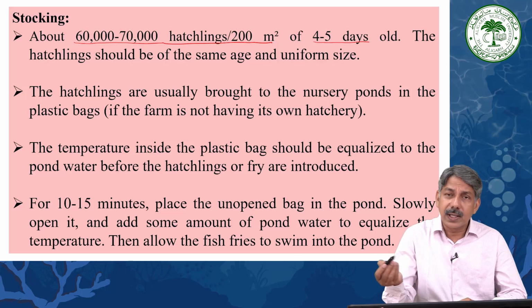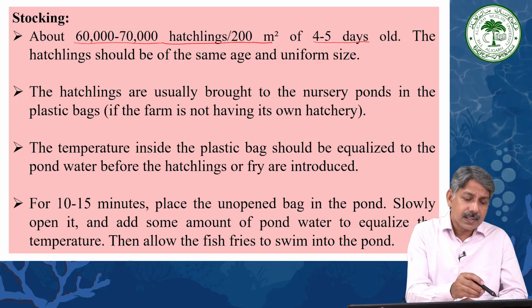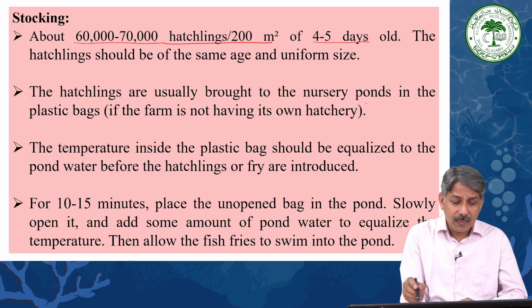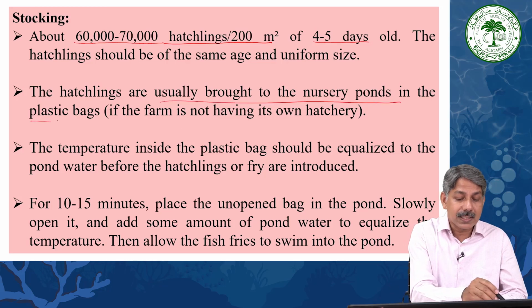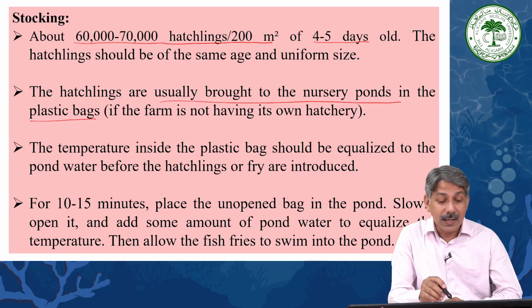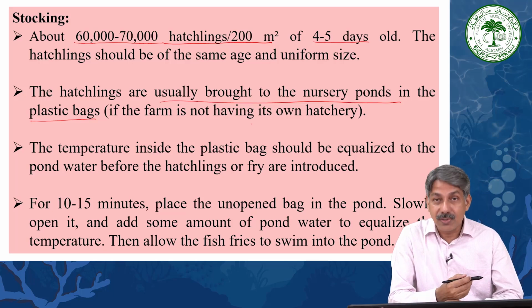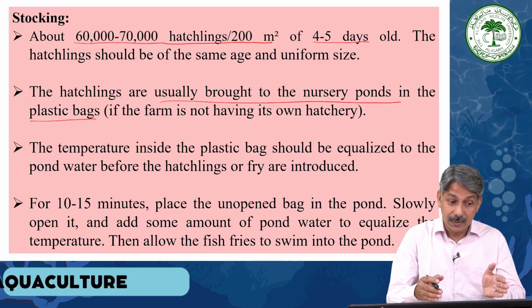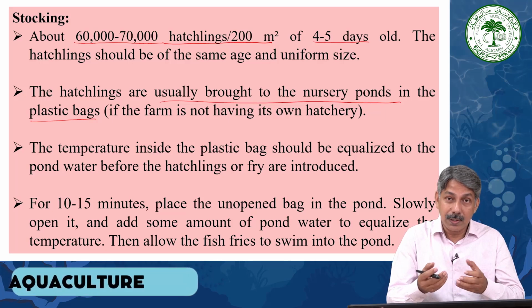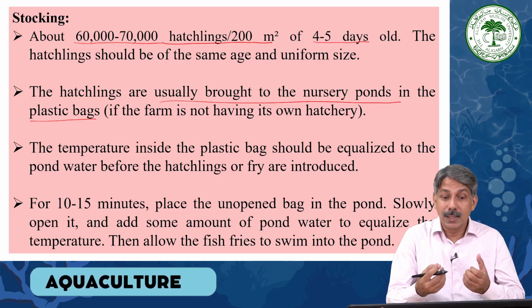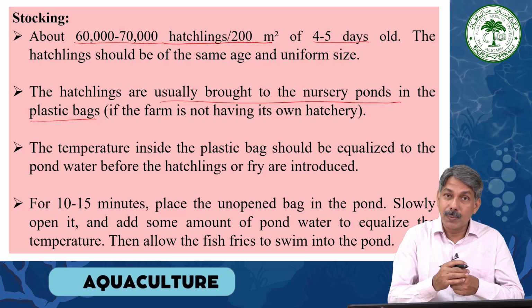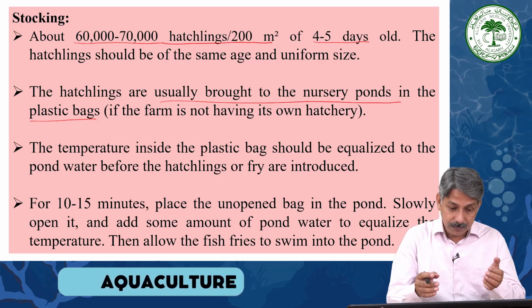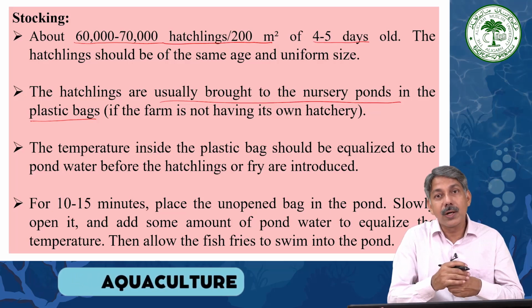So you can stock the nursery pond, and here it is written that the hatchlings are usually brought to the nursery pond in plastic bags. But suppose the farm does not have its own hatchery, you have only a pond, and you are buying very early stage fish from a hatchery, and the nursing part you have to carry out at your farm.